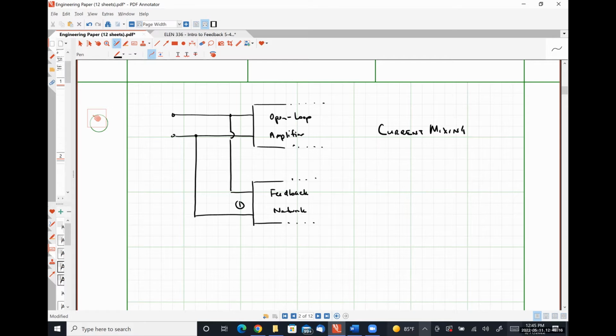Here's port 1. Here is our signal source, IS in this case. This is our current II being fed into the input of the open loop amplifier. This is our current IF.